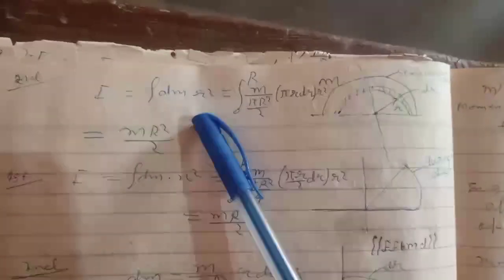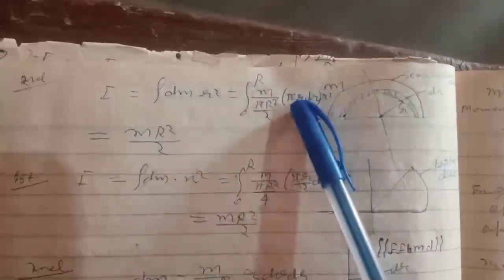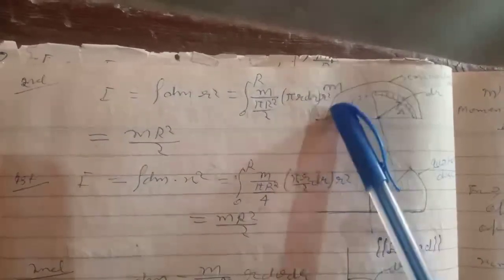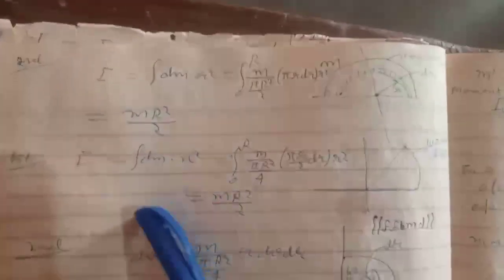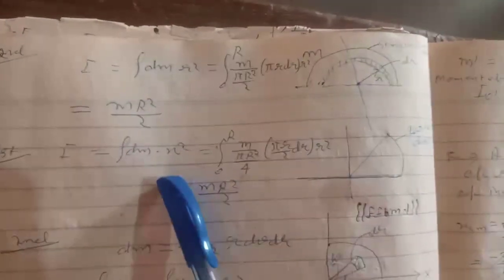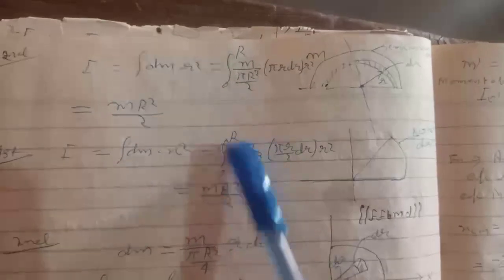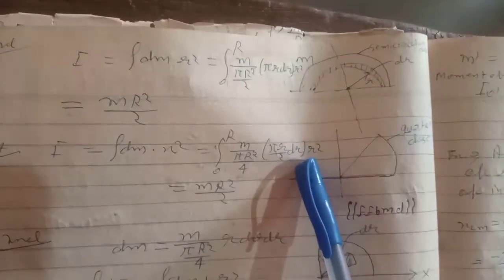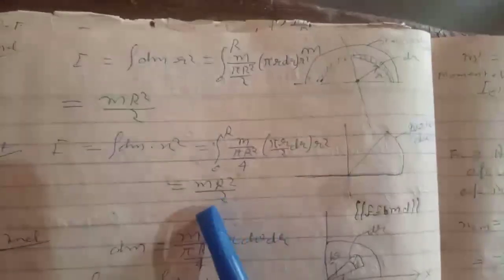Second, integration of I, dm into r square, 0 to r, m by (pi r square by 2) into pi r dr into r square, or equals mr square by 2. In this case, I is integration dm into x square, 0 to r, m by (pi r square by 4), (pi r by 2) into dr into r square, and mr square by 2.